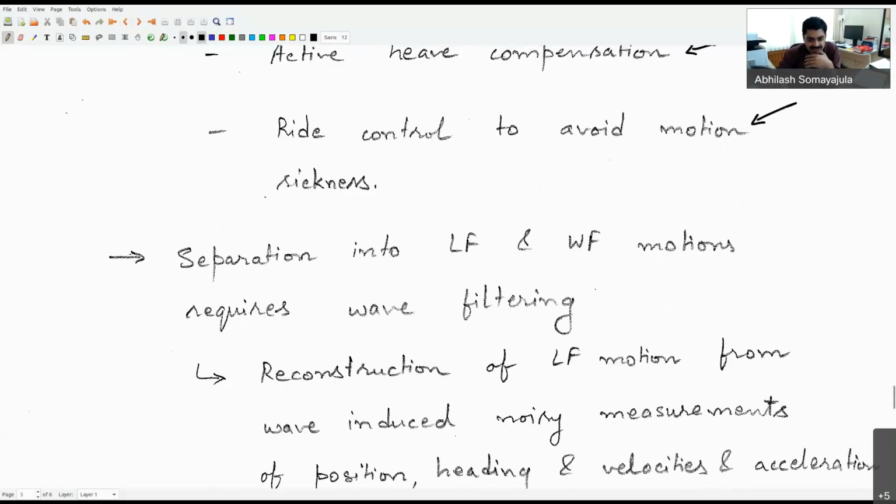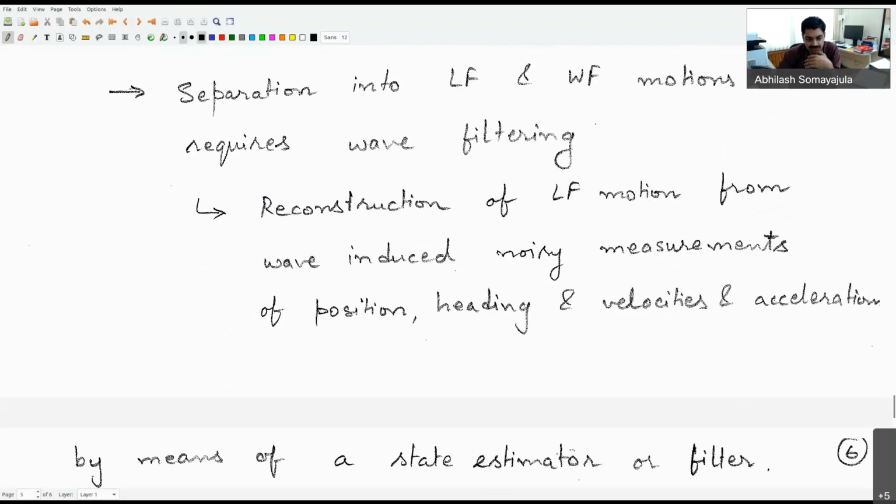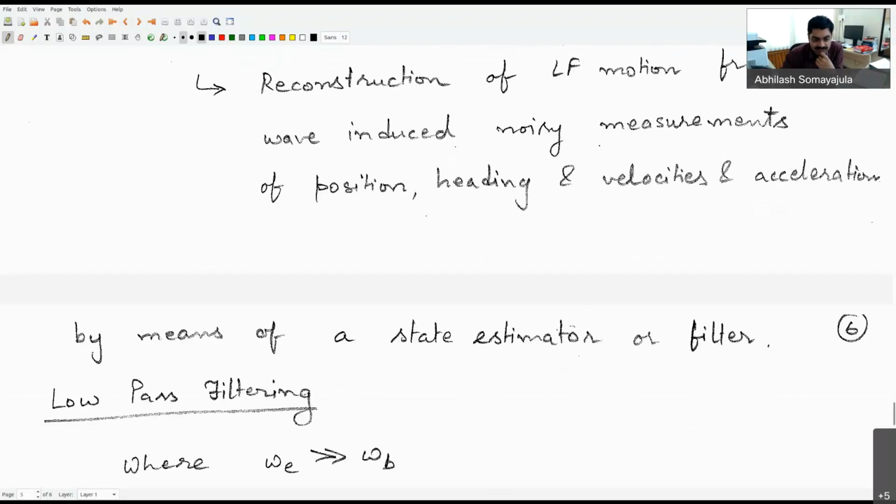And that separation is what we are interested in when we talk about this idea of wave filtering. Now, this wave filtering is done either by a state estimator or a filter, and we'll start discussing in the next class what the different methods are to implement these filters.